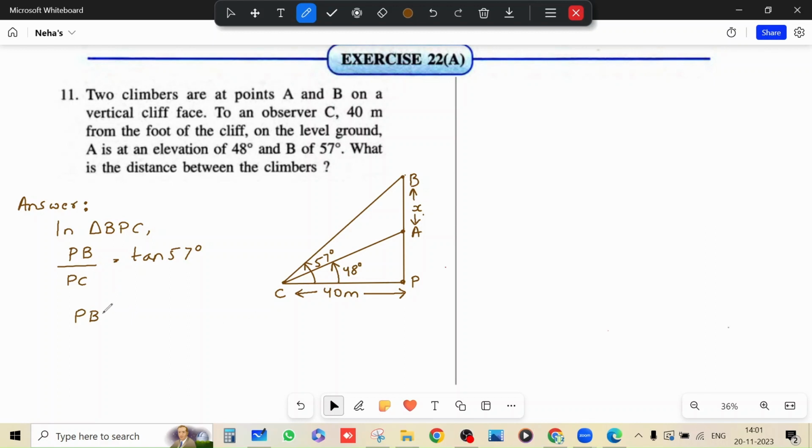PC is given as 40, and tan 57 degrees can be found out using the trigonometric tables of tan. So that is equal to 1.539. So the value of PB is equal to 61.57 meters. Now we will consider the triangle ACP. Again, tan 48 degrees will be equal to AP upon PC.